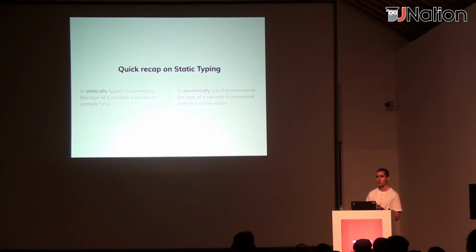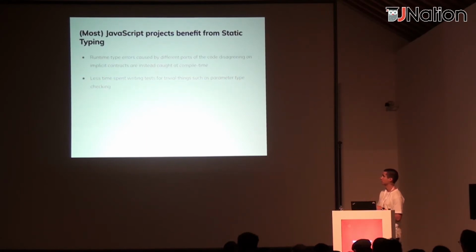Note, though, that we're now starting to see gradual typing evolve. So things like TypeScript and Flow and Sorbet for Ruby and MyPy for Python, all of those sit somewhere in the middle between static typing and dynamic typing because expressions have a static type, but they also have a dynamic type. And it can be different from the static type. We'll talk more about that later.